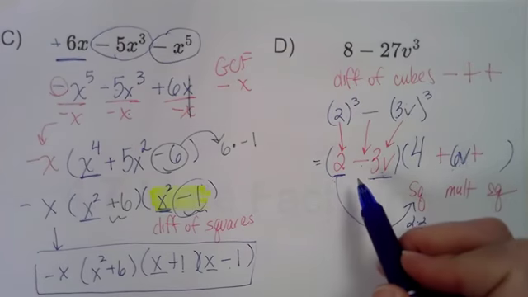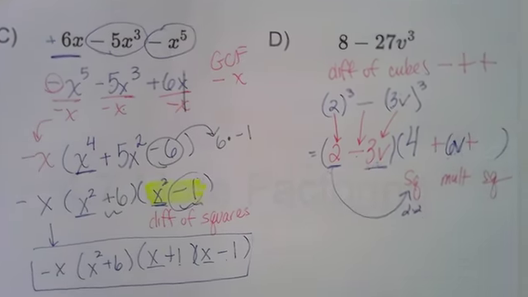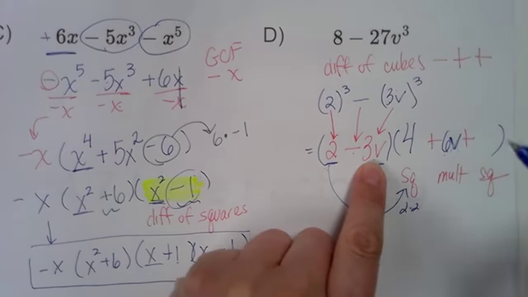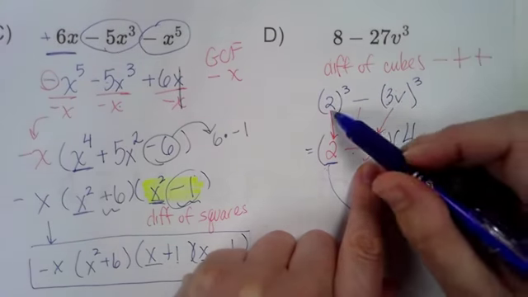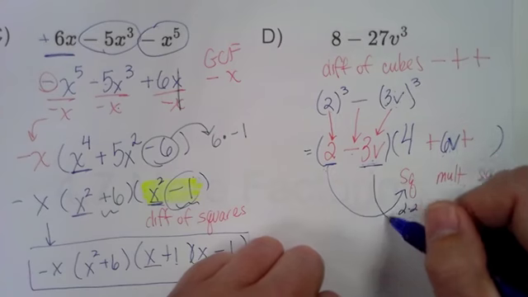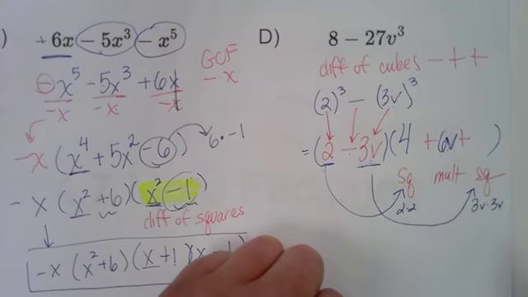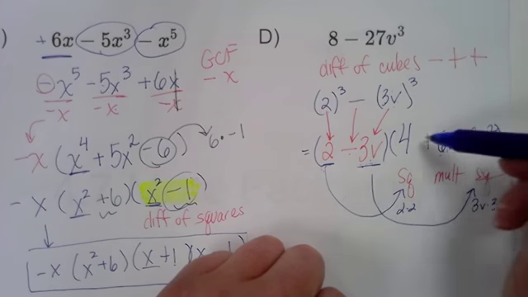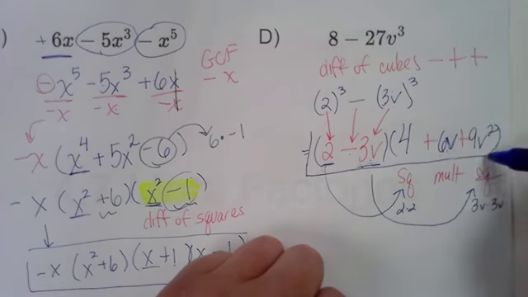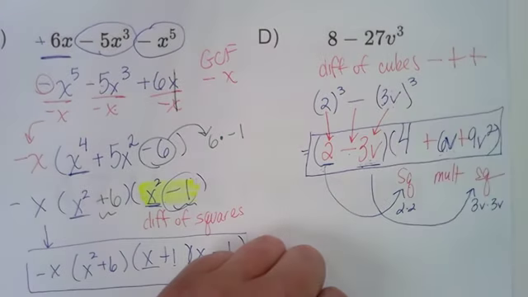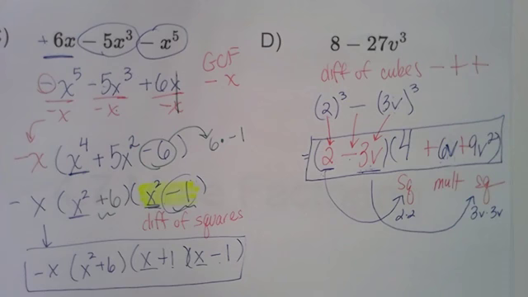Nope, don't even think about the signs. They're already in place, so we get to ignore them. We're just looking at the base here, the 3b and the 2. And then we square the last thing. 3b times 3b is 9b squared. And this second bubble here never ever factors. And that is fully factored for Delta Math.